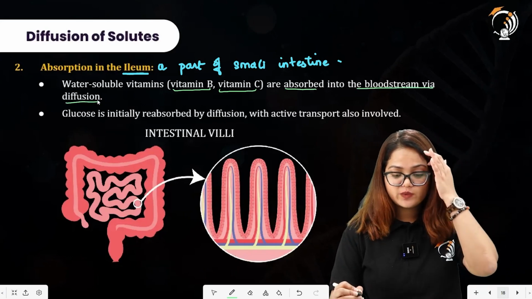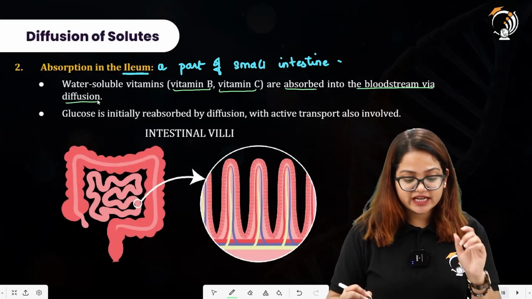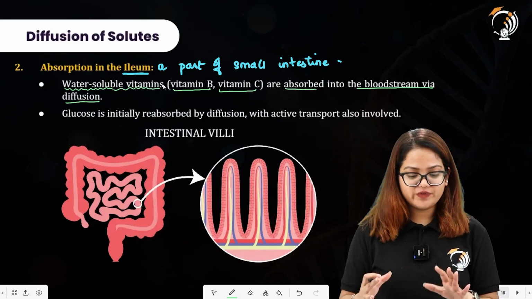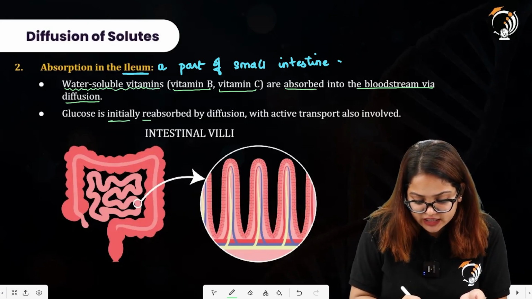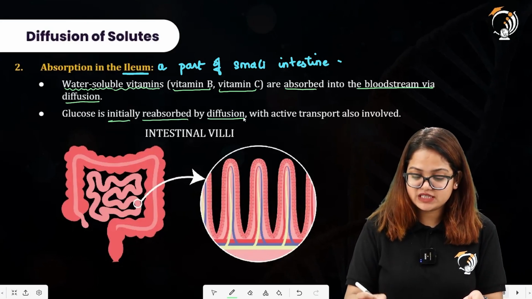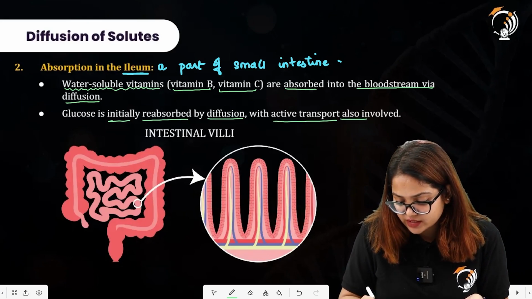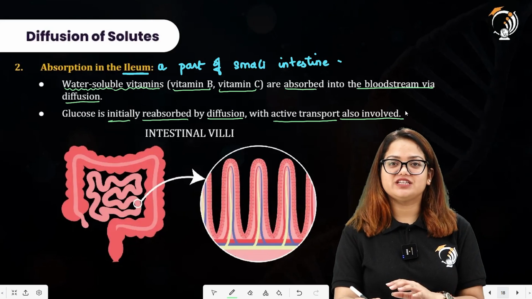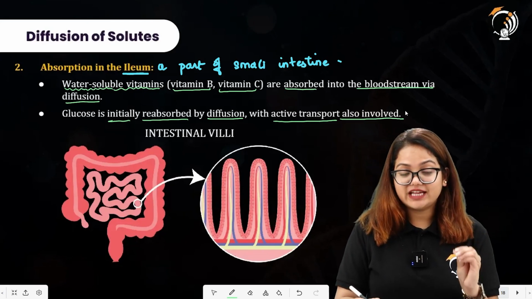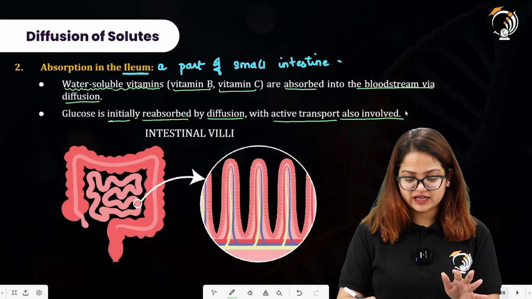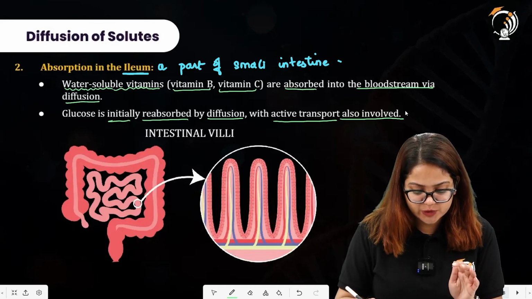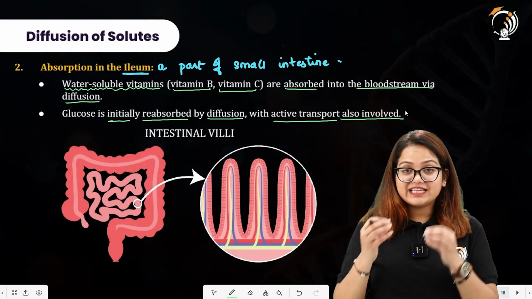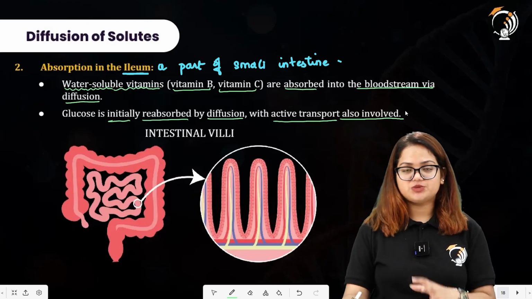So they directly diffuse into the bloodstream since they are water soluble. Glucose is initially absorbed by the diffusion process, with active transport also involved to transfer the glucose molecules into the bloodstream. So there is complete absorption of glucose occurring in the intestinal villi as well, or we can say the whole process is occurring in the ileum, the region of the small intestine where this process occurs.